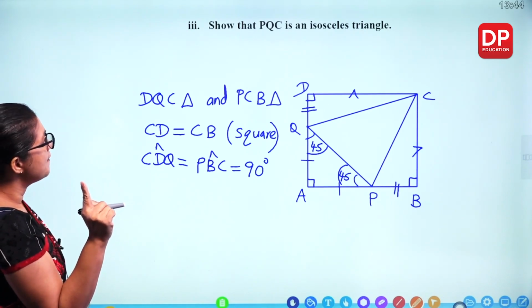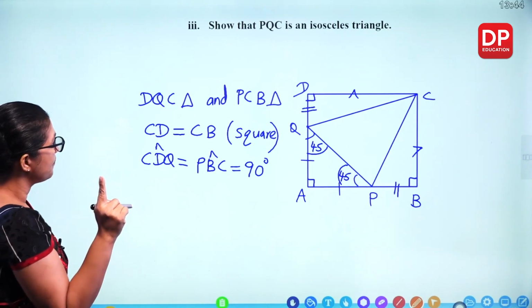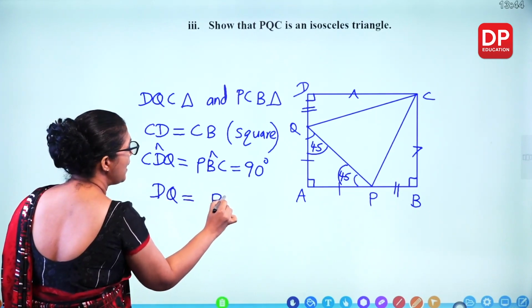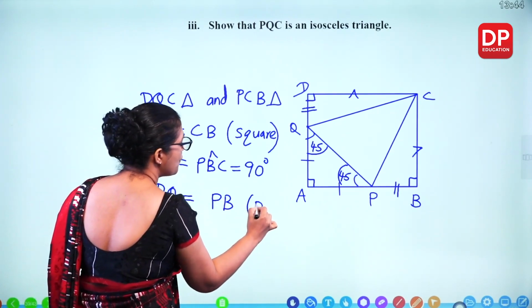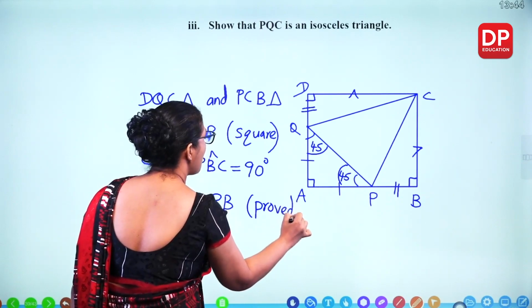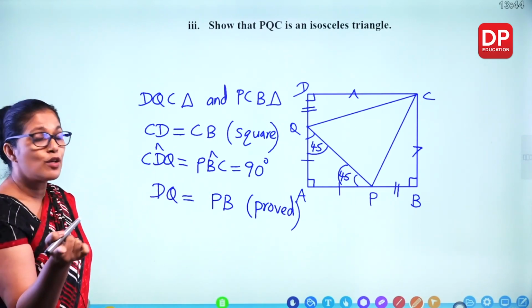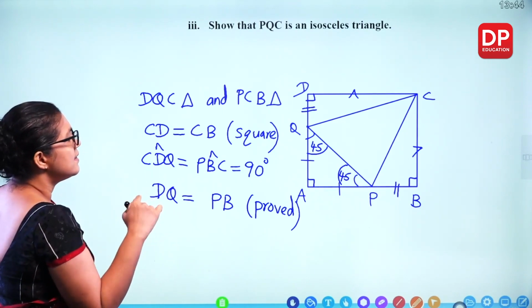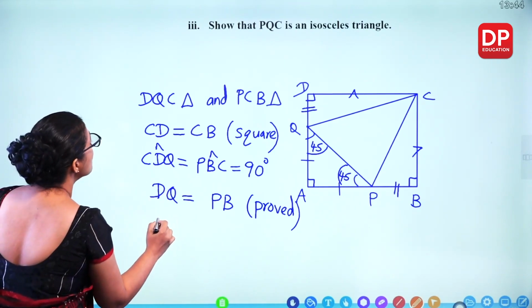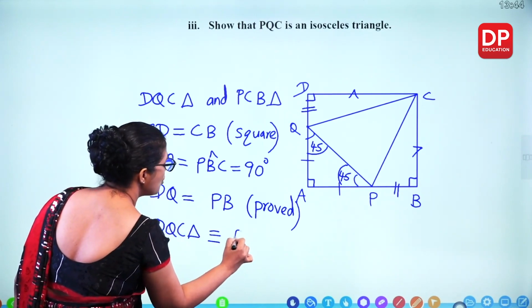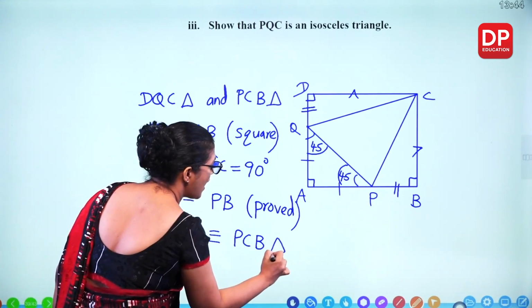And then we know that DQ is equal to PB, proved from the previous part. So what can you say? 2 lengths and included angle both are equal. So DQC triangle is congruent to PCB triangle.